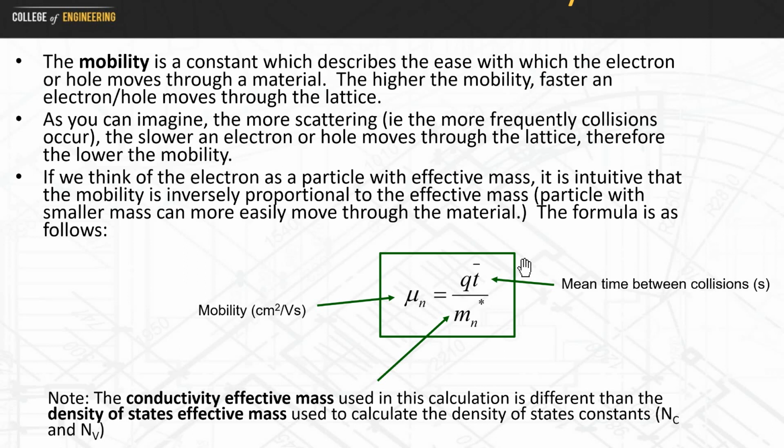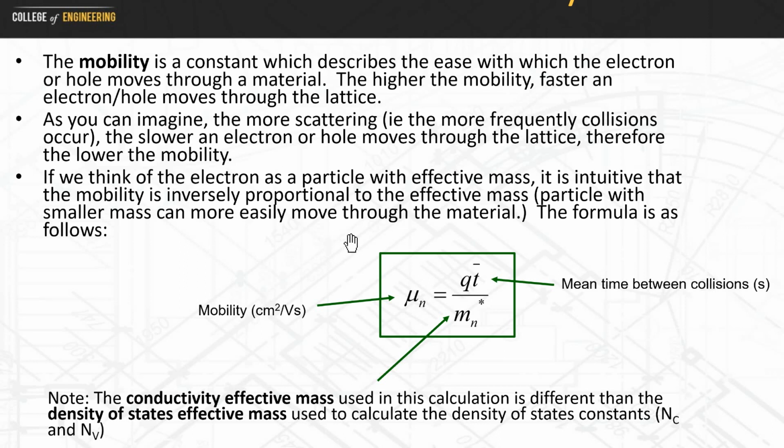With a heavy particle, the electric field, remember, is exerting a constant force on that particle. Force is equal to E times Q, where Q is the charge of the particle. So the force is constant. If you have a heavy particle, then it's going to accelerate slowly. Versus if you have a light particle, it's going to accelerate rapidly. That's what we're talking about, effective mass.